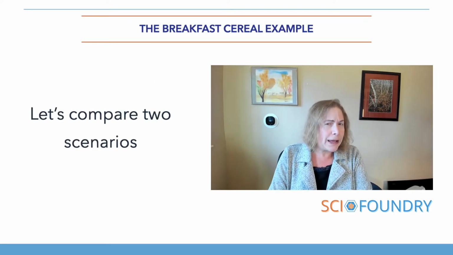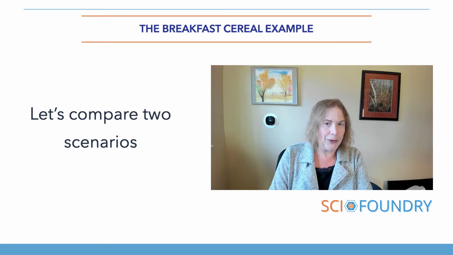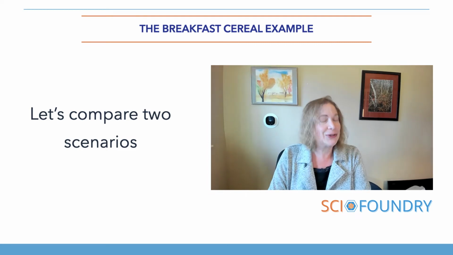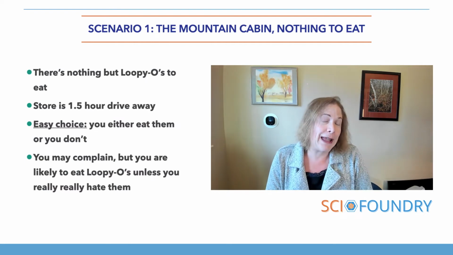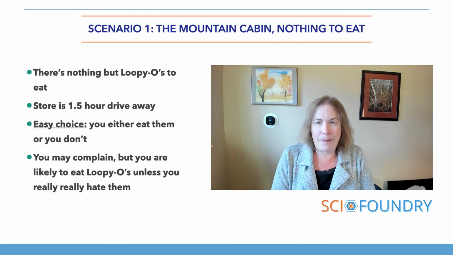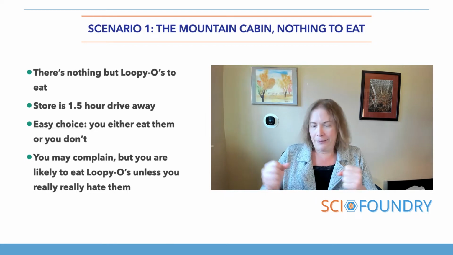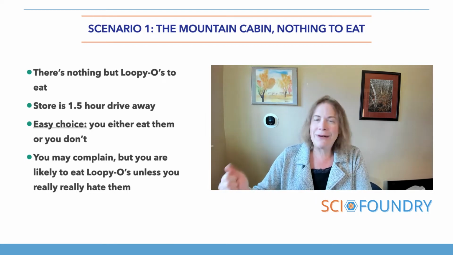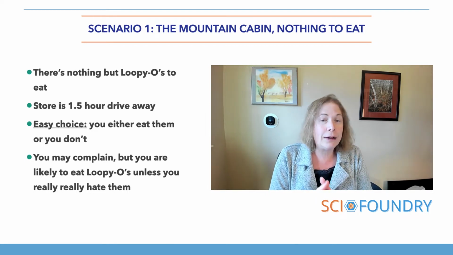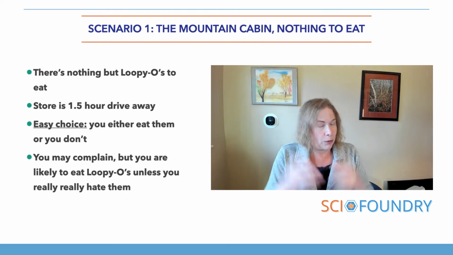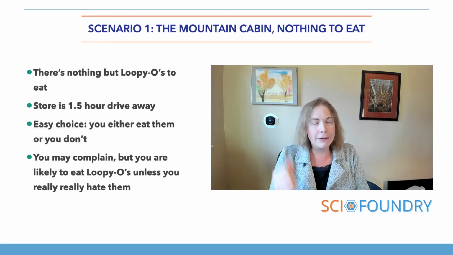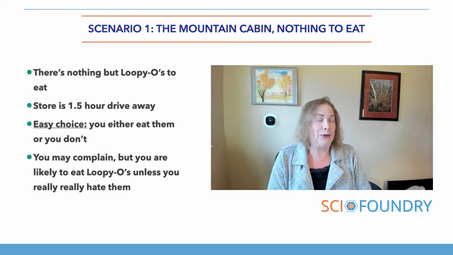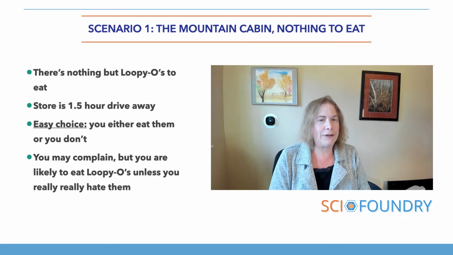So to make an example of this, let's use breakfast cereal and compare 2 scenarios related to, yes, breakfast cereal. So scenario 1 is the mountain cabin. So let's say your spouse, your partner dragged you out to some remote mountain cabin that's far away from town, and you wake up in the morning after arriving late at night and there's nothing to eat except you found in one cabinet there are some Lupios that you could eat for breakfast to get started.